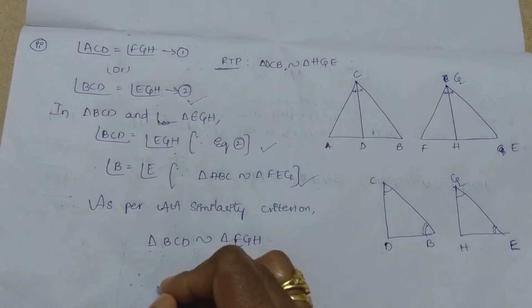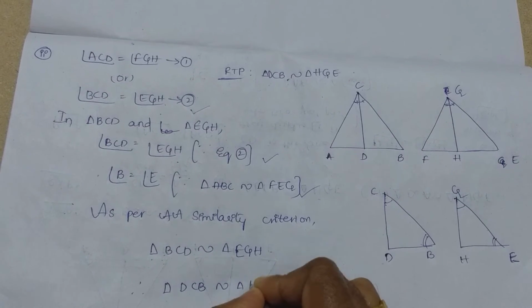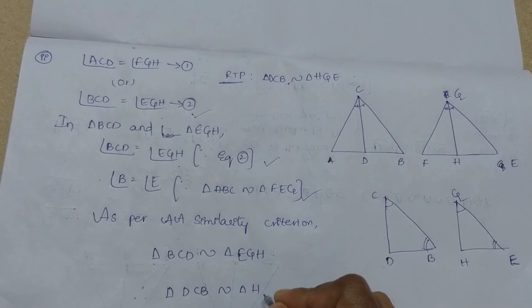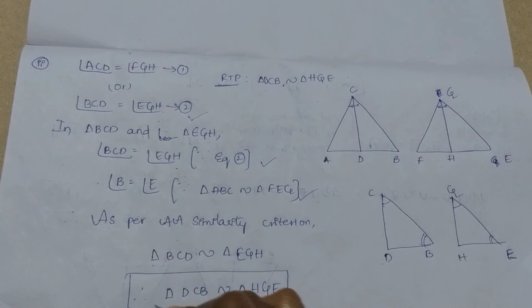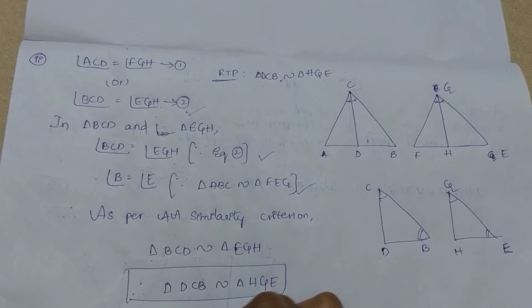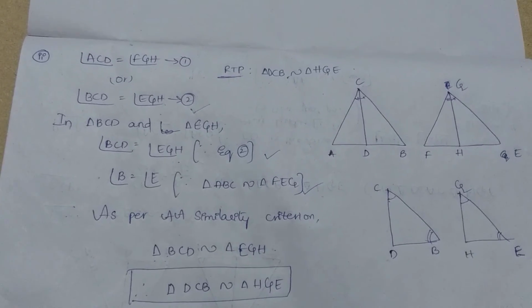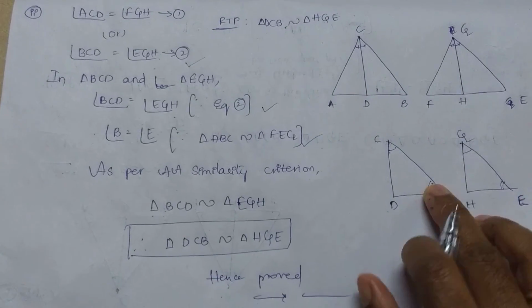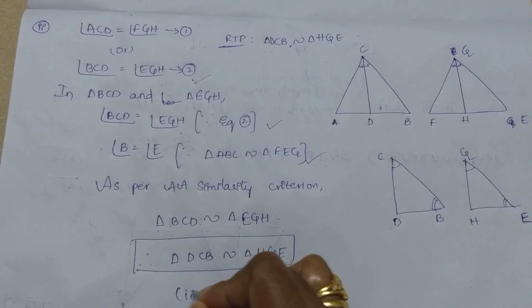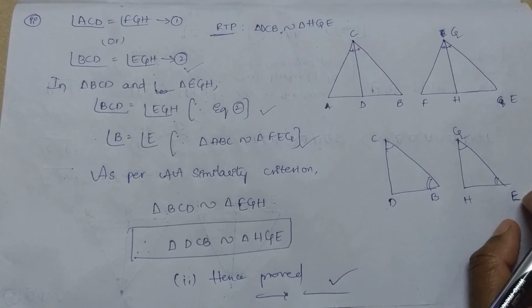Therefore triangle DCB is similar to triangle HGE. So it has been proved. So this is the solution. With this, the second sub question is also proved. So all three sub questions are proved.